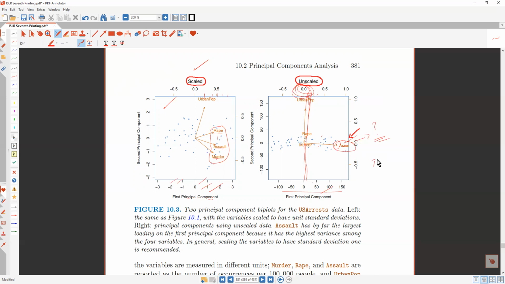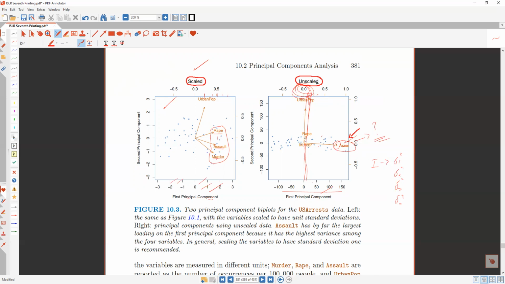Well, what is information, right? You got to ask those questions. Well, the information are the variances. The information are the variances for 1, 2, 3, and 4. That's the information that's actually being transformed. You're transforming the original variances onto new dimensions.